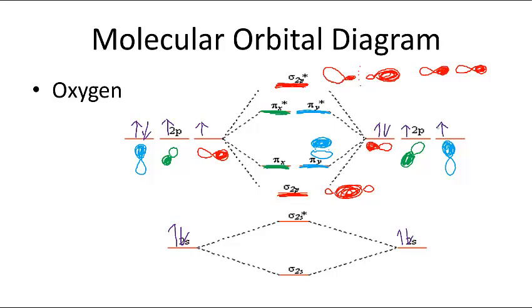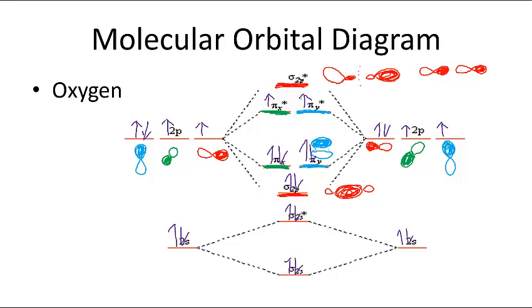All right, and now I can see my sigma 2s and my sigma star 2s. The first 4 electrons are going to go in down there. And then I go up to 2p. Now I have 8 more electrons to put in. So I'm going to put in 1, 2, 3, 4, 5, 6. And now I have 2 left. So they're going to go in up here to these pi star orbitals.